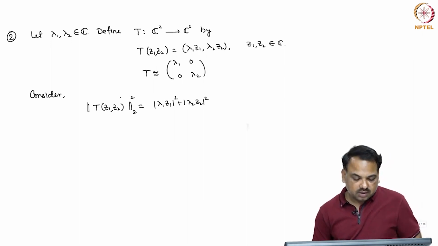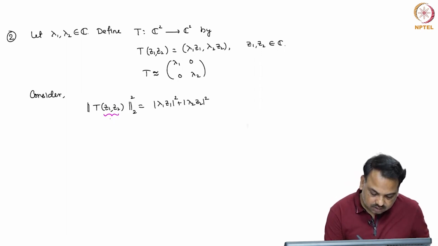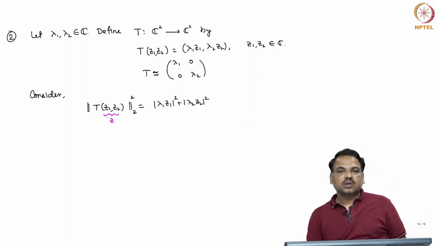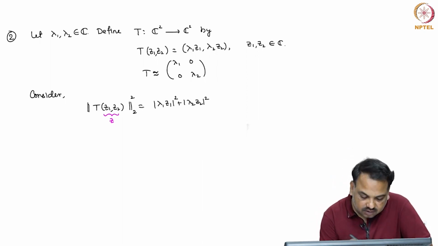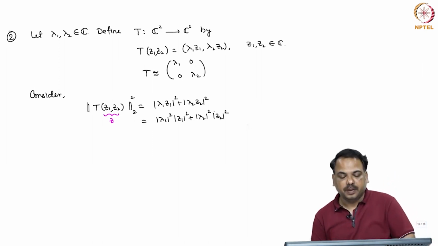Let us say this is z, norm Tz. We want to say that it is less than or equal to k times norm z. Here norm z is nothing but the square root of mod z1 squared plus mod z2 squared. But if you simplify, this is mod lambda 1 squared mod z1 squared plus mod lambda 2 squared mod z2 squared.